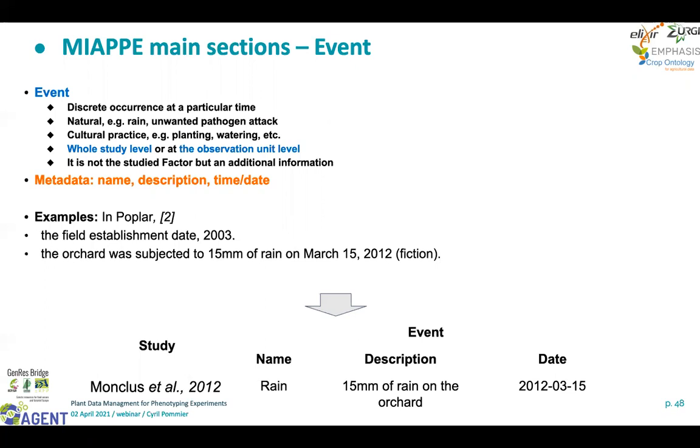And the metadata are very simple: the name, the description, and the time of occurrence. For instance, in the poplar exemplar dataset, the field establishment date is 2003. The orchard was subjected to 15 millimeters of rain in March 2012. And you've got an example here of how it can be recorded.